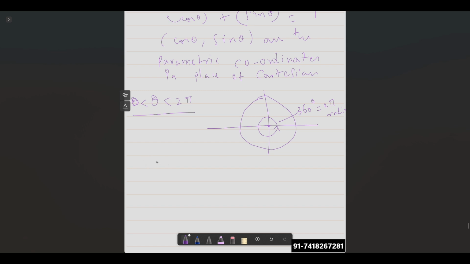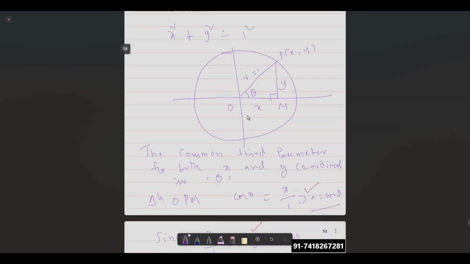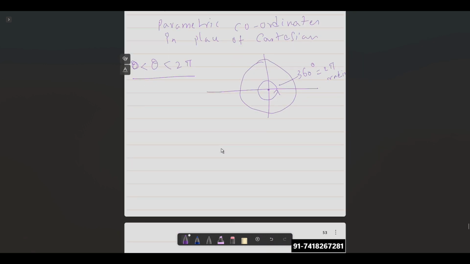So in our textbook there are two cases given. Suppose this is one case where this triangle, this radius makes angle theta with the x-axis. In this case, if you have radius equal to a, then your x will be a cos theta and your y will be a sine theta.